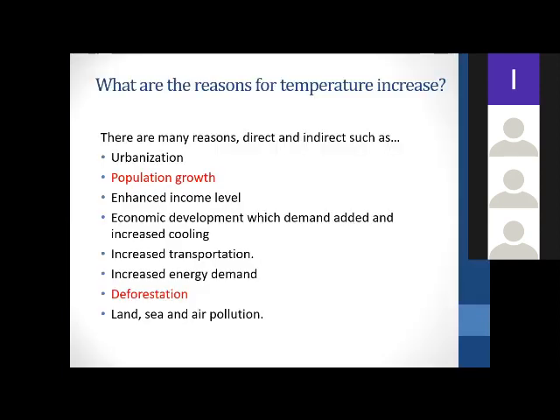Now, what are the reasons for temperature increase? As I said before, I will quickly go through this. Urbanization, as you know, then population growth, the new thing I put here, mainly because more population means more energy use, more housing, and more food, and you try to clear the forest and cultivate food, which in turn increases the greenhouse gas level.